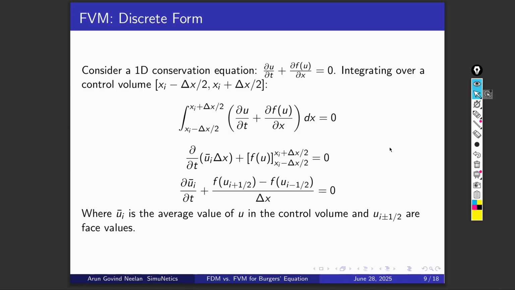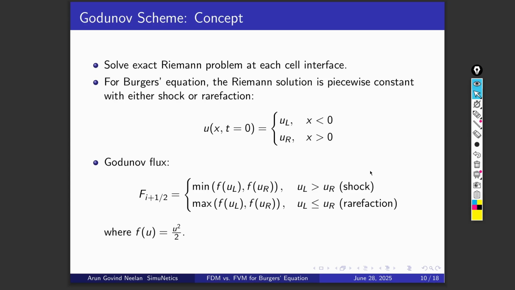But the moment we go for high Reynolds number, this scheme cannot be stabilized. In that case, we should add either upwinding to the solver or some artificial viscosity. That is added by these Riemann solvers, the Godunov schemes.